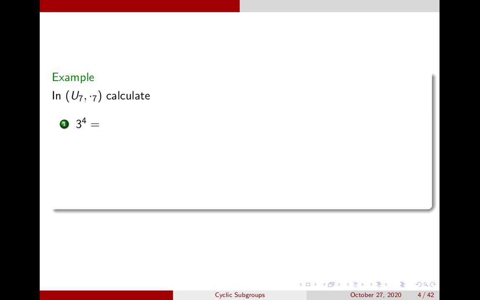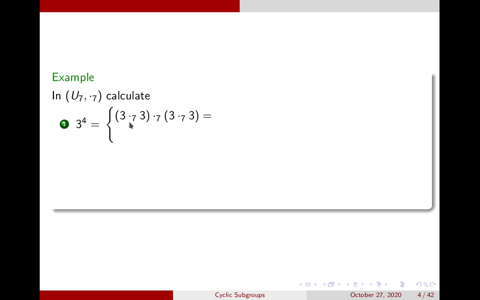So let's try a few exponent examples. We'll stick with the group U sub 7, times sub 7. What is 3 to the 4th in this group? This means that we are multiplying 4 factors of 3 using times sub 7.